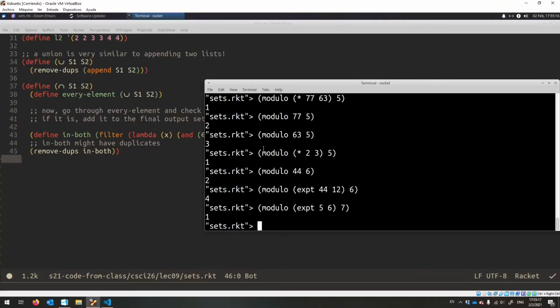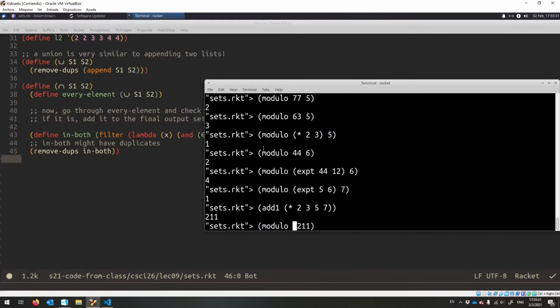Let's find out. Times 2, 3, 5, 7, and then add 1. That is 211, apparently. Do any of those numbers go in cleanly after adding 1 to this original number? Let's see.